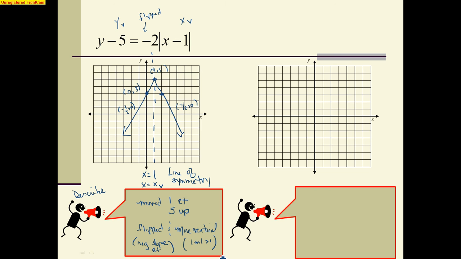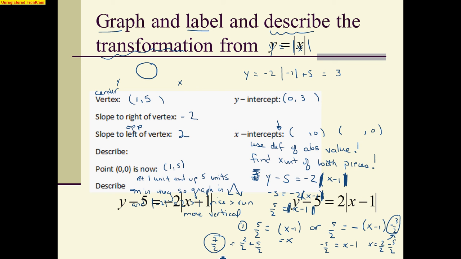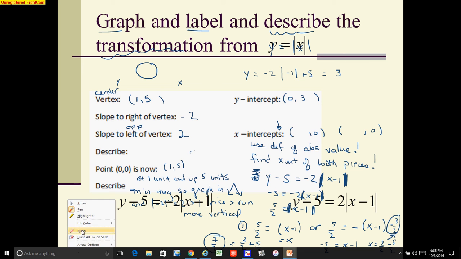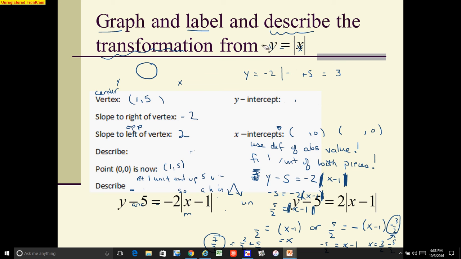So I'm going to go back to the slide, back to the previous slide, and I'm going to do a second example. So let me erase all of this. Oh, bother. I really have to figure out how to get that bar out of my way, that toolbar down there.